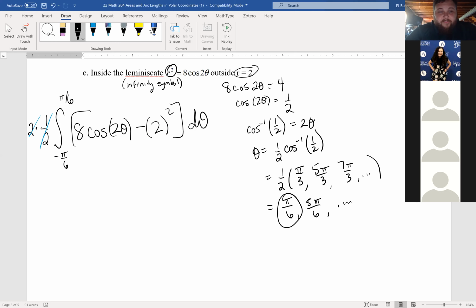So now it's just a matter of what's the integral here. Not so bad, right? The integral of cosine of 2 theta is 1/2 sine 2 theta. Integral of 4 is going to be 4 theta.